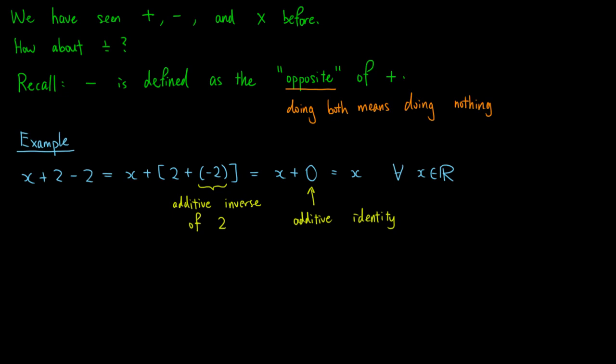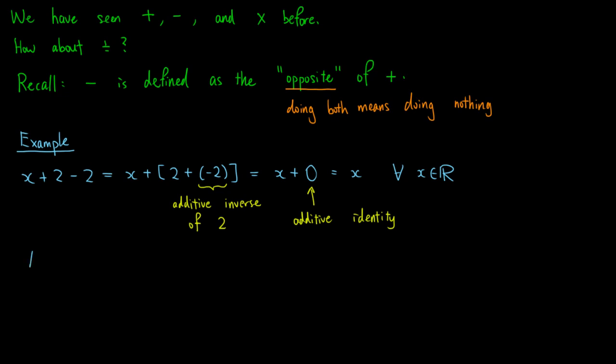The special property about 0 is that whenever any real number is added to 0, we get back the original number. In this case, -2 is defined as the opposite of 2, so that whenever we add 2 and then subtract 2 from any real number, we always get back the original number.